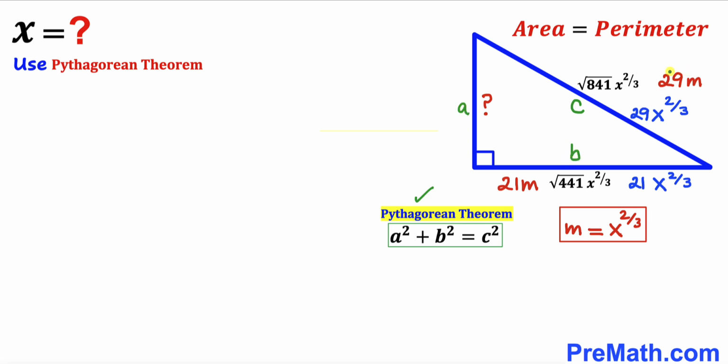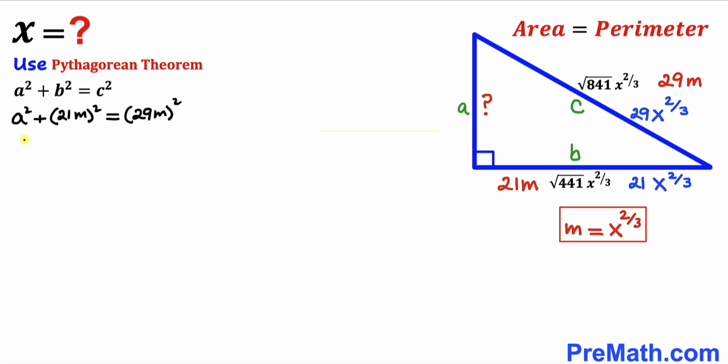Our c length is 29m and our length b is 21 times m. So let's fill in the blanks: a square plus 21m whole square equals 29m whole square. Let's simplify further.